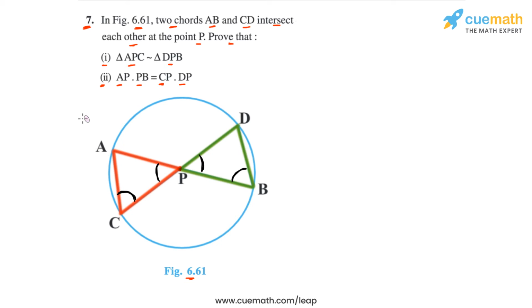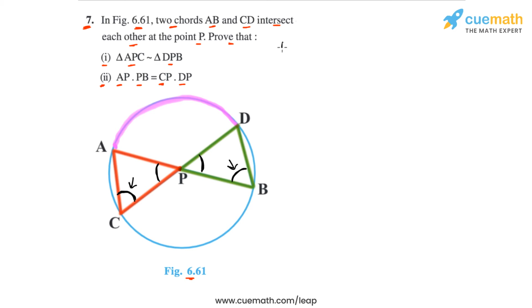Well, because both of these angles are subtended by the same arc AD, this arc that I am highlighting. So this arc is subtending this angle at the circumference and this angle also at the circumference, and we know that two angles subtended by the same arc on the circumference must be equal. Okay, so we can apply the AA similarity and claim that the two triangles are similar.